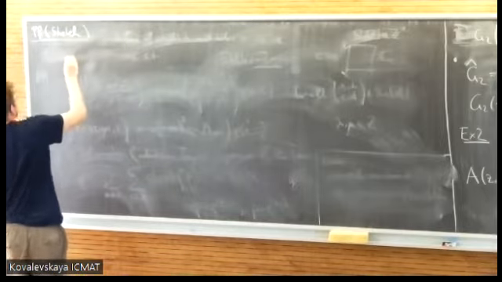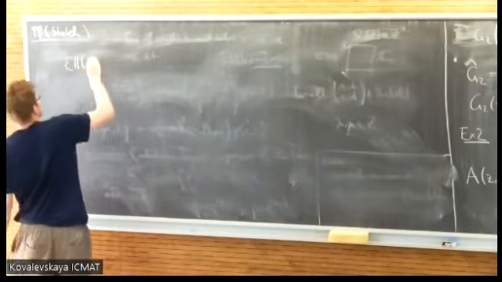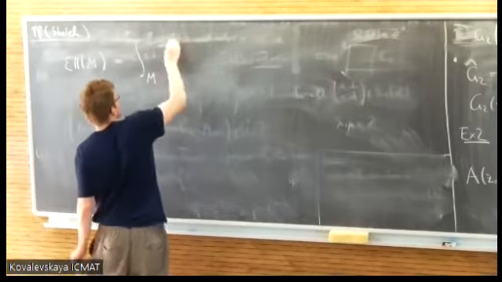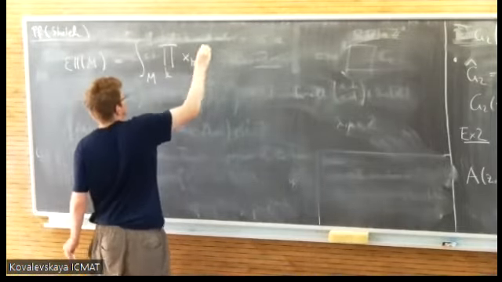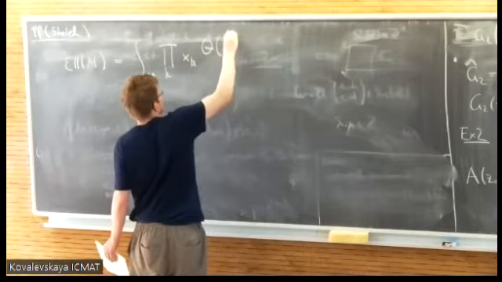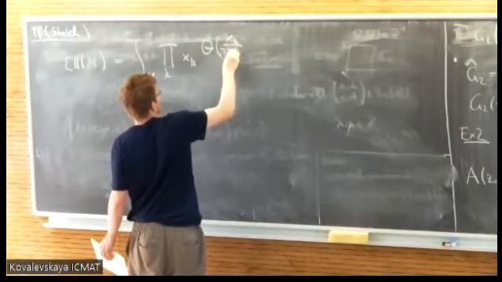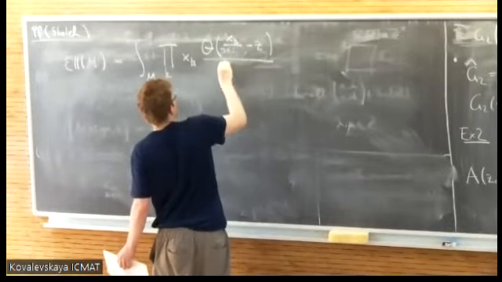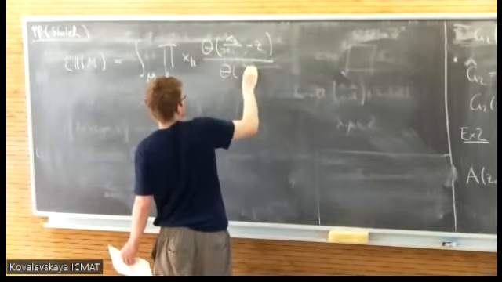Okay, so this elliptic genus here, I wrote it down before, let me just write it down again. This is the product of theta of xk divided by 2 pi i minus z, divided by theta of xk over 2 pi i.